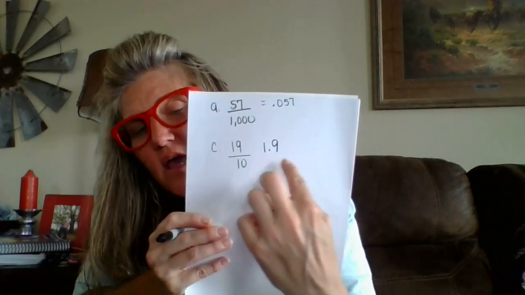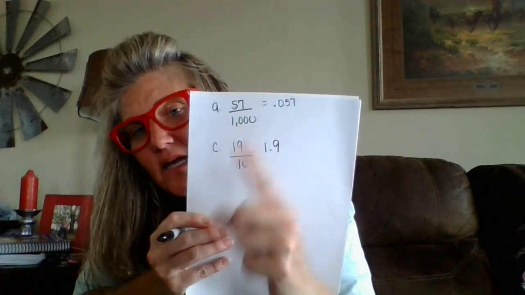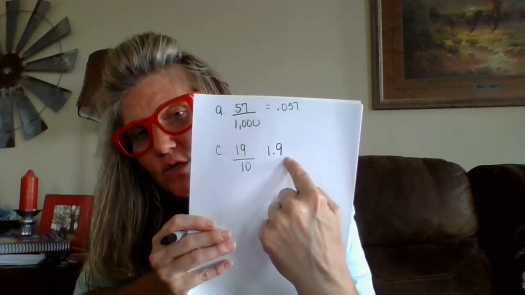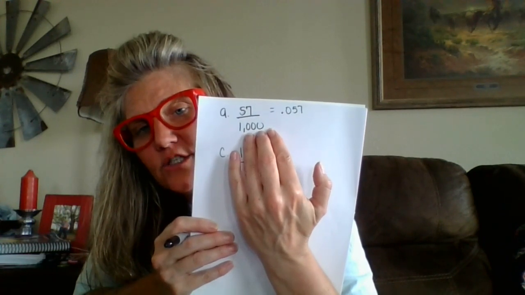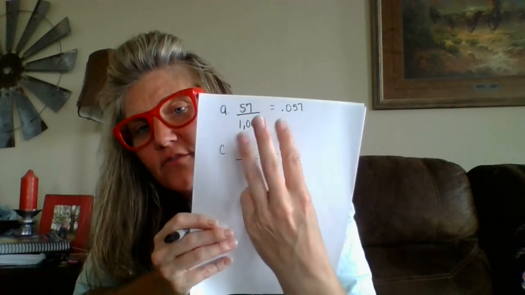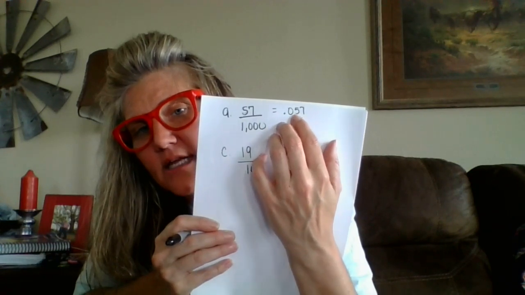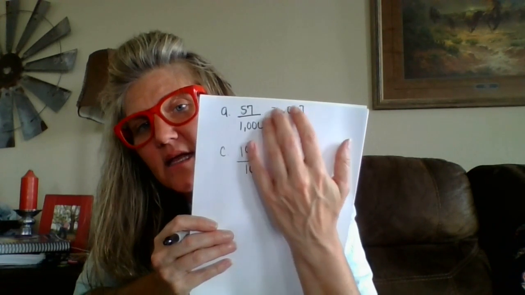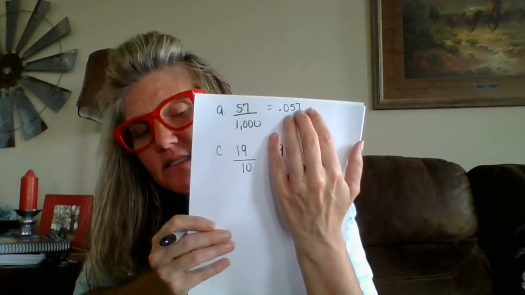So I knew that my decimal went in between the 1 and the 9 because I only had one number behind that decimal. The same with the 1,000. How many zeros do you have in 1,000? You have 3 zeros. So you have to have 3 numbers. And I knew I did not have anything in my tenths place. So you would put the 0 there and put 57 behind it. Okay?